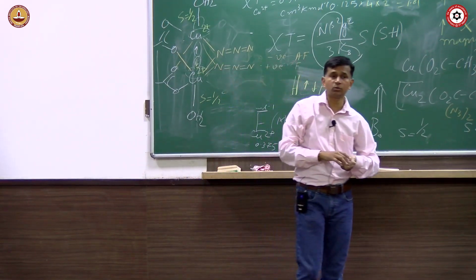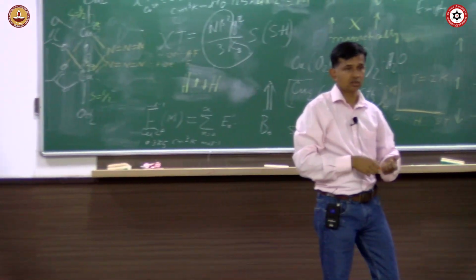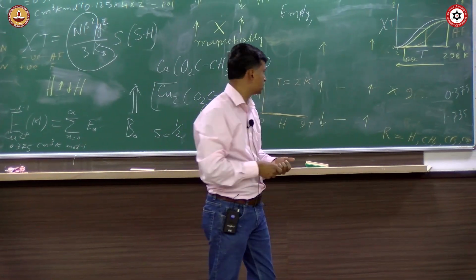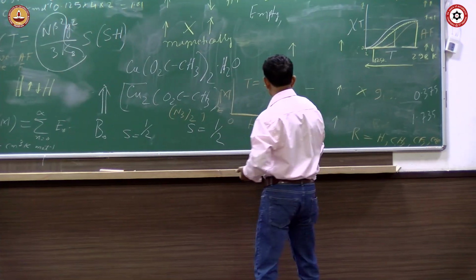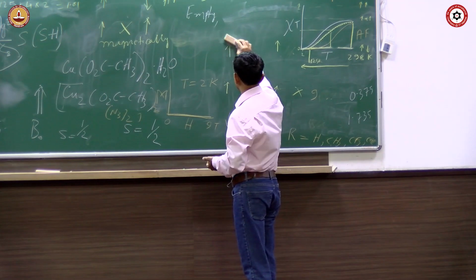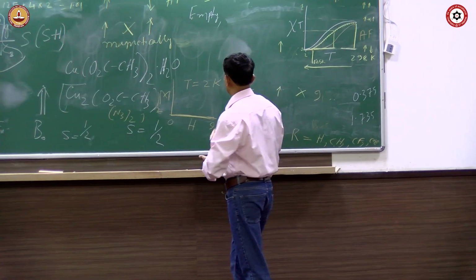So have you heard of the name called super exchange, double exchange? No, okay. So now, for all this coupling, I introduce a concept called super exchange and double exchange, okay.